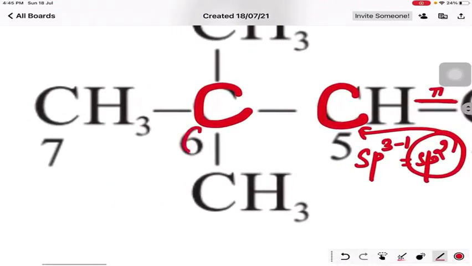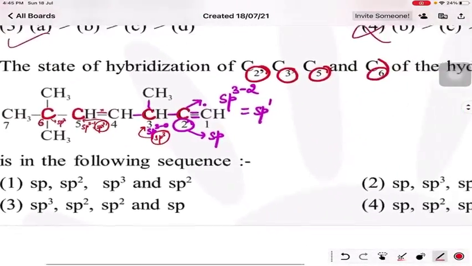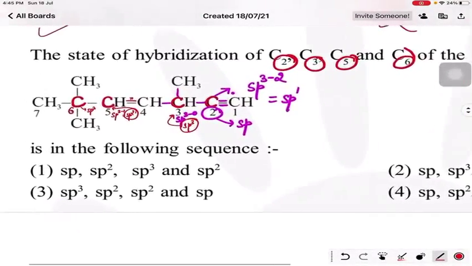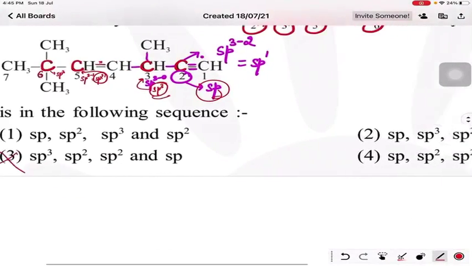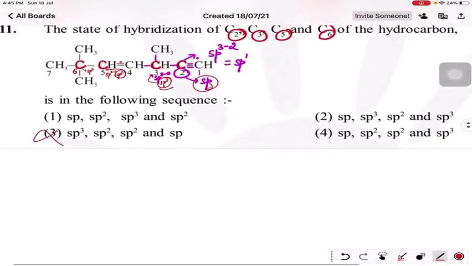Whereas carbon number 6 has all sigma bonds, so again it is sp3 hybridized. So you have to arrange them in that sequence only. Very first it is sp, so sp3 cannot be in the beginning. So of the 3 options: sp, then sp3, then sp2 and sp3. So option number 2 is correct.